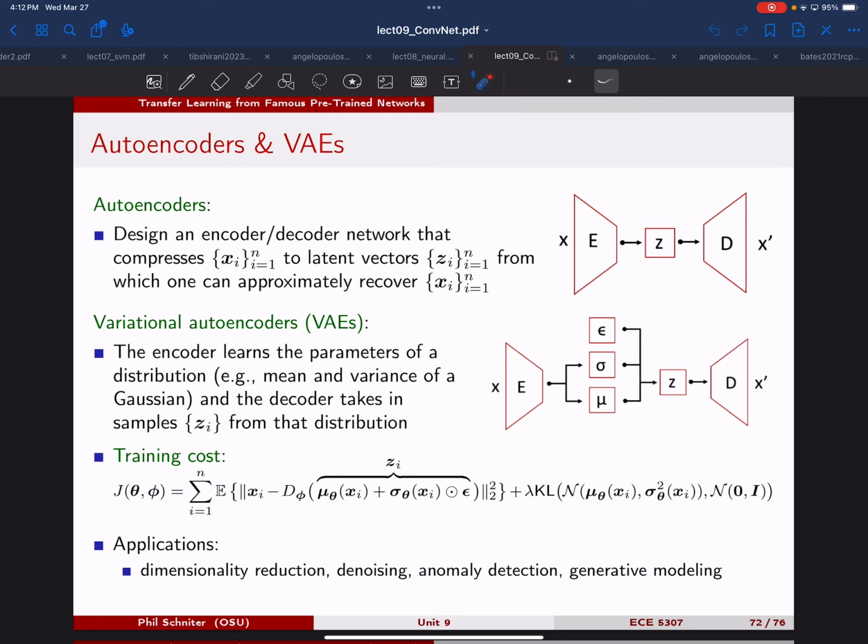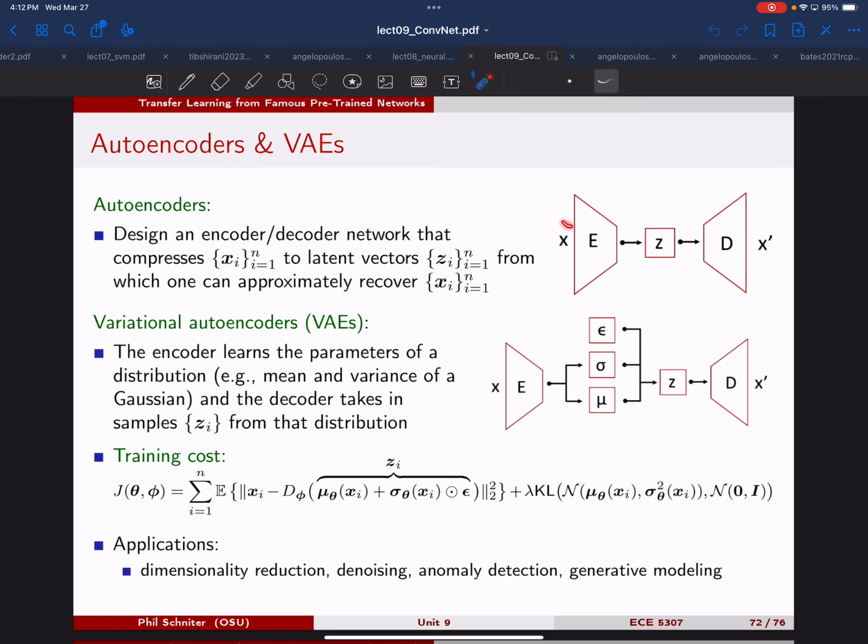And so for some training data set that you have, you train the encoder and decoder so that together they try to preserve as much about X here into X prime. And so you would imagine that there's probably going to be some loss in doing so.